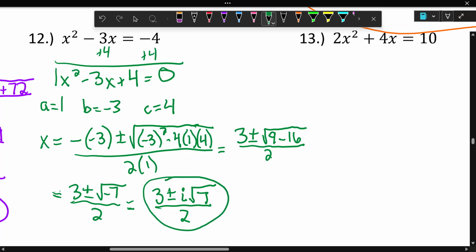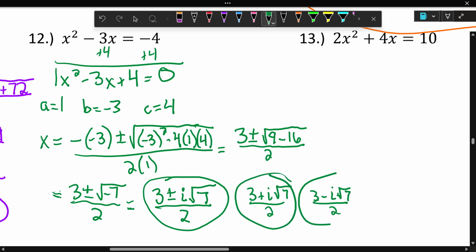This is actually what I prefer. But if you want to turn it into two separate answers, that of course is okay as well. So we get 3 plus or minus i root 7 over 2. It's ugly, but that's the solution.